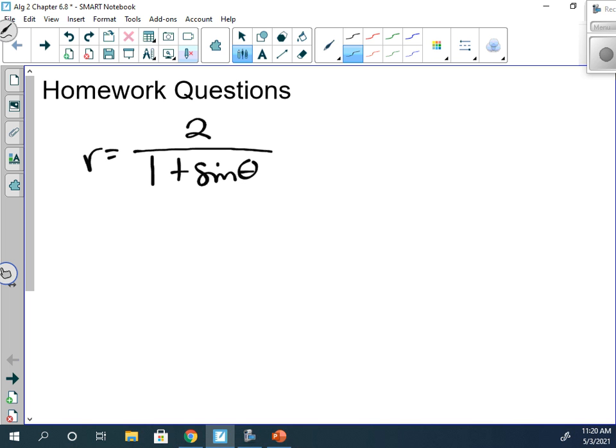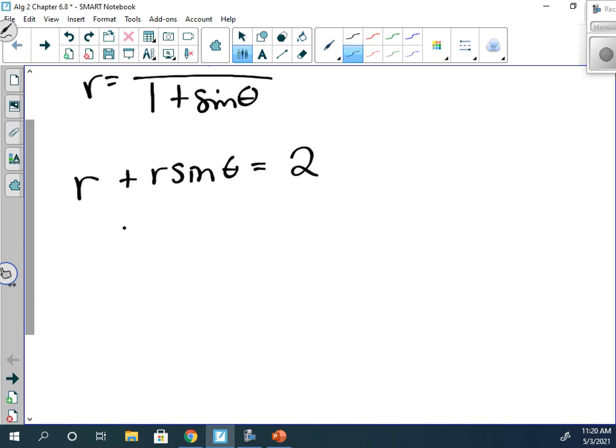So with this equation here, we want it back into rectangular, so we'd actually multiply both sides by 1 plus sine, which over here 1 times r is r, r times sine theta is equal to 2. So r sine of theta is y.